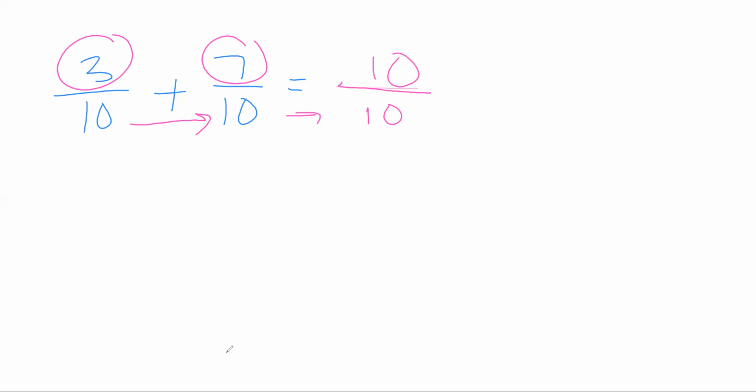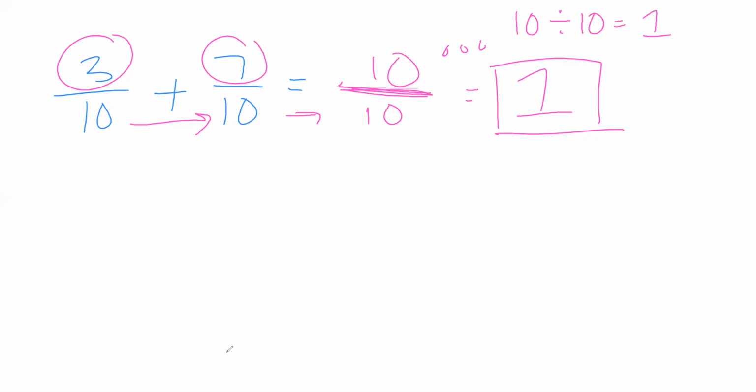So if I have 10 out of 10, or this fraction line does mean divided by, 10 divided by 10 is 1. So technically speaking, the answer to this is 1 whole. That's mathematically what we were thinking. That's what those little dots were. It's like a thought bubble.